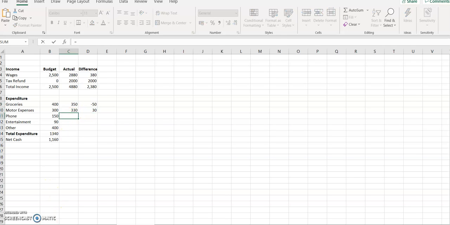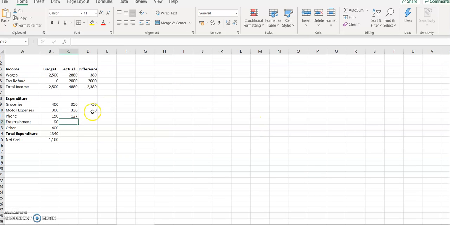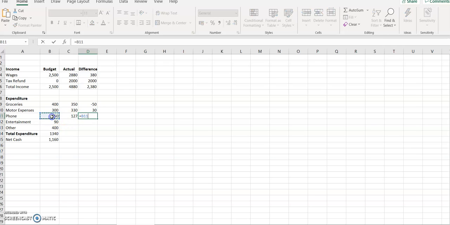For the phone then, they had budgeted 150, they actually spent 127, so there's a difference of 23, so they spent less. So they spent 23 euros less.